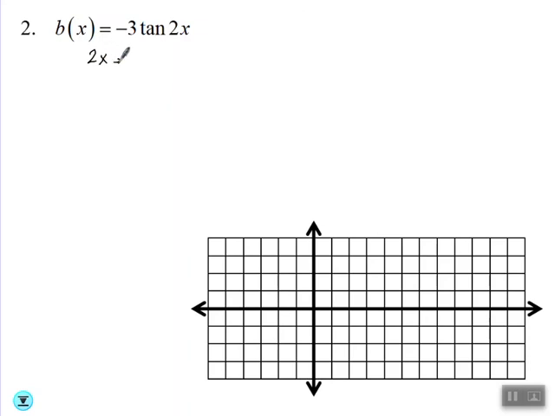We're going to do 2x equals negative pi over 2, and 2x equals positive pi over 2. So if we divide by 2, we get x equals negative pi over 4, and x equals positive pi over 4 as our asymptotes.